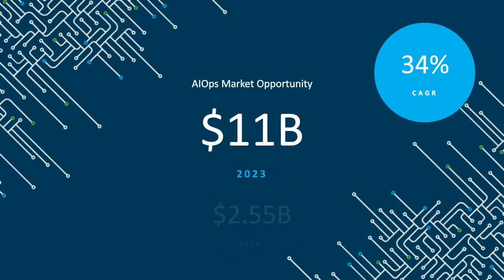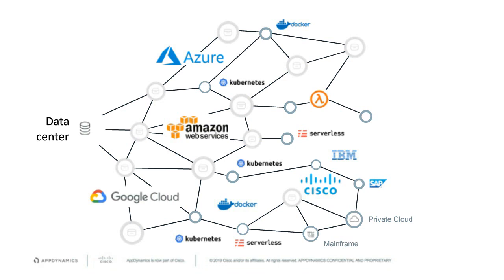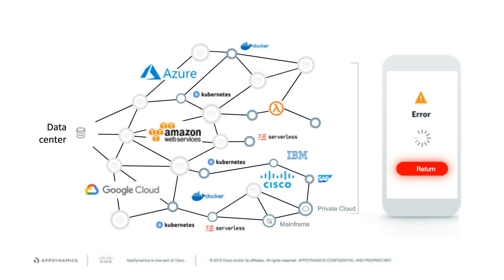In less than 20 years, we went from a few data centers to a web of complex, interconnected technologies to deliver the digital experience of today, and its complexity is not shrinking any day soon. When there's a problem for an end user, where do you start?